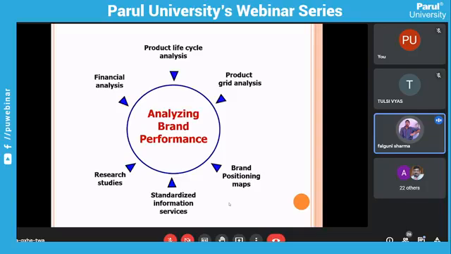Definitely we'll change our positioning from time to time, because a buyer does not always have a single mindset. They change as nature changes in which we are surviving. So the positioning will change as per what the buyer is looking for.